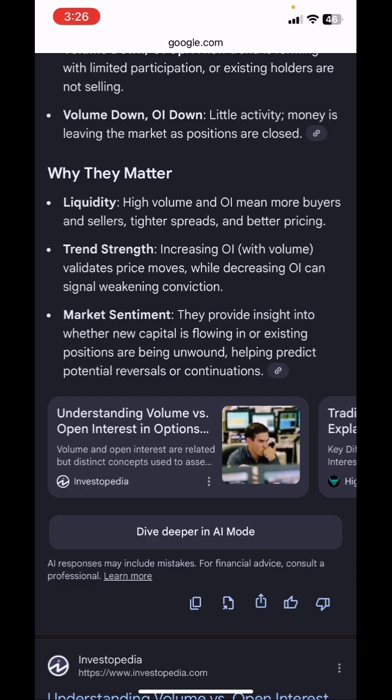It's also cheaper when the open interest and volume are high. Usually that contract has a cheaper price. Market sentiment: they provide insight into whether new capital is flowing in or exiting, and positions are being unwound, helping predict potential reversals or continuation.